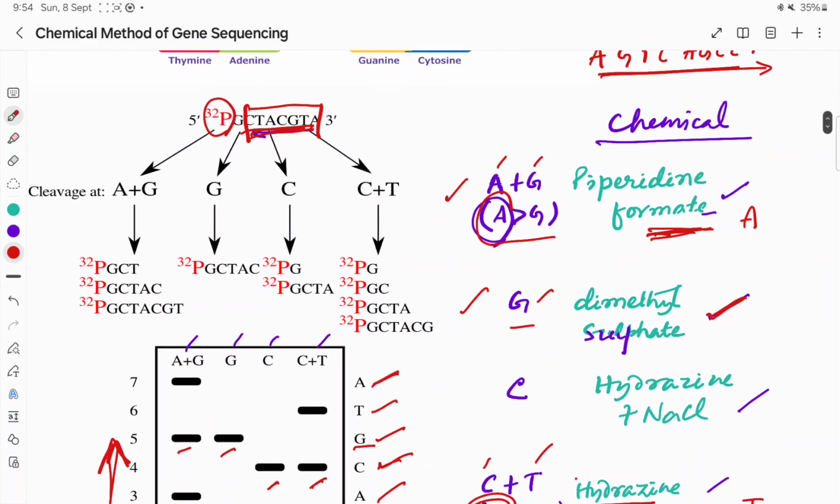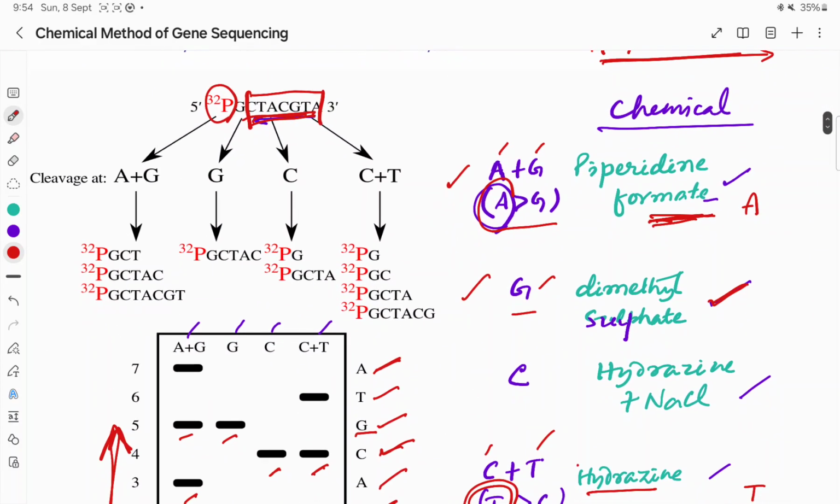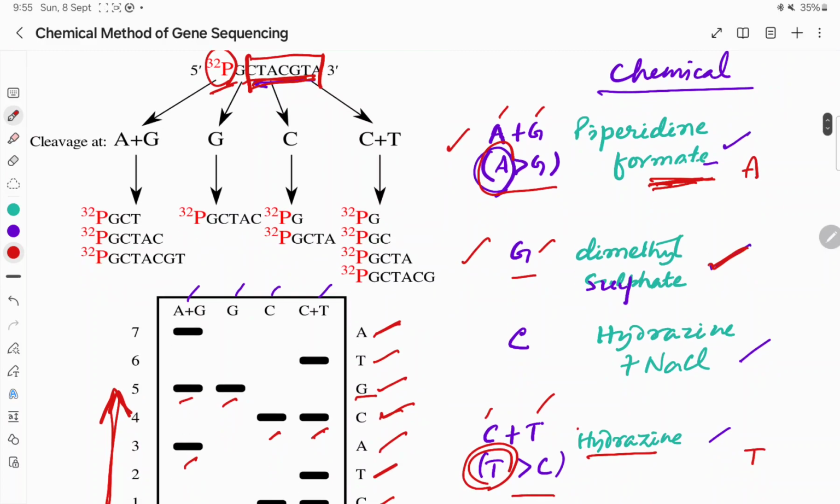So initially, the strand from which we need to identify the sequence of genes is radio labeled with P32, phosphorus 32, and then four different chemicals are used in four different sample containers.